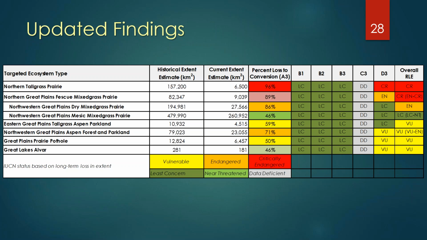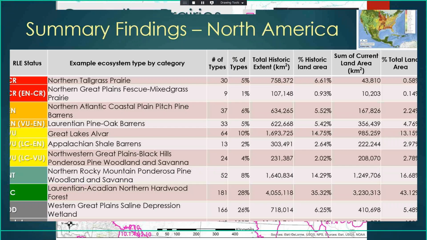Okay, let me provide a little bit more context. We've been working on this and scoring over 600 types across temperate and tropical North America, and so this gives you a little bit of a sense of where we stand as we're accumulating scores. That northern tallgrass is an example of one of those that fits into that critical category.